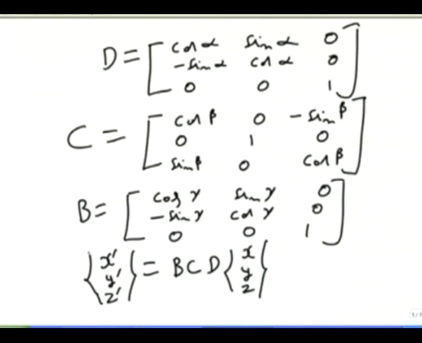Once we understand these things, for any particular body we can have three coordinates x, y, z of the origin, and we can also have alpha, beta, gamma.